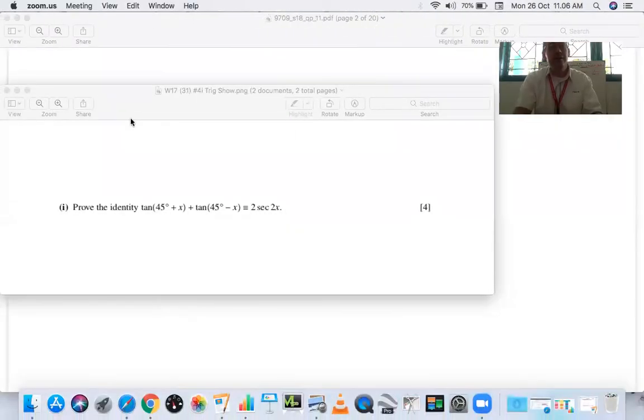Okay, let's look at our one example that we have here. I'll take you to the Cambridge question. Notice it comes from Winter 17 past paper 31. And the first part is actually an identity. Hopefully you remember from Pure Maths 1 that usually in the questions you start with an identity type problem and then it moves into a solving.